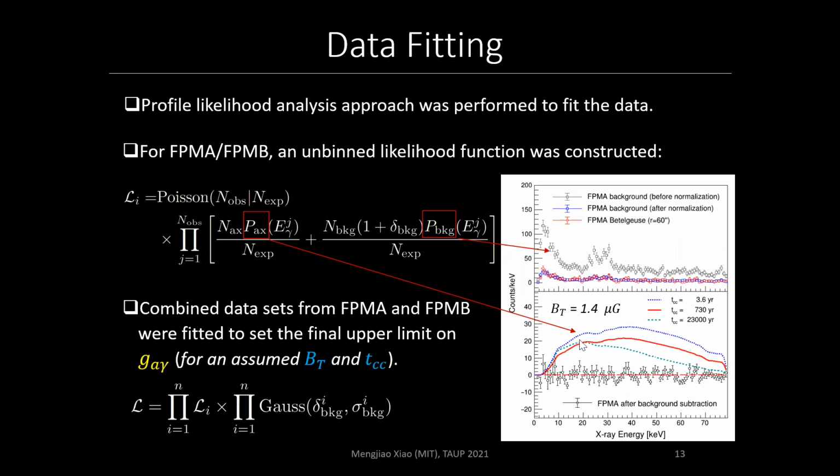For each combination of B_T and T_CC, we have a unique PDF, as examples shown here. The background PDF was data-driven. As mentioned earlier, we derived the background spectrum from the background region. This data was used to build the background PDF. FPMA and FPMB are two independent instruments, so we combine their two data sets to extract the final limits.